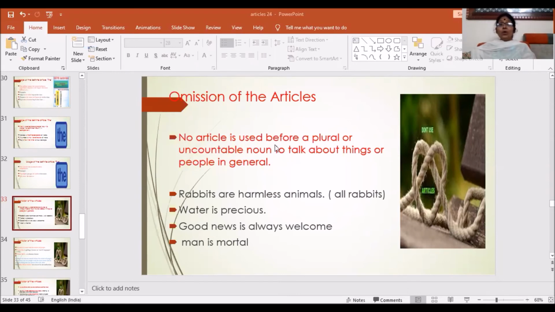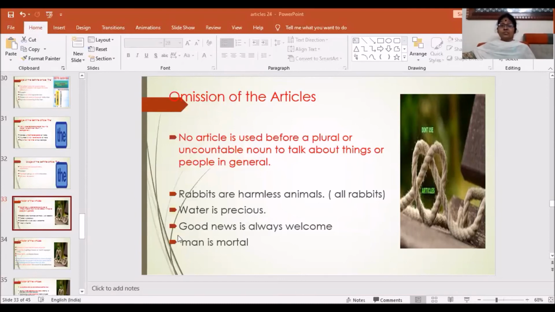Remember, no article is used before a plural or uncountable noun to talk about things or people in general. That is, when we are talking about something in general, we are not going to use our article unless we are talking about it in specific. Say, rabbits are harmless animals. We are talking in general about all rabbits, right?